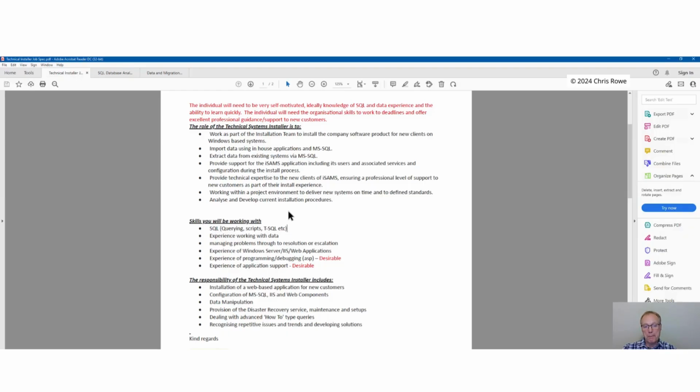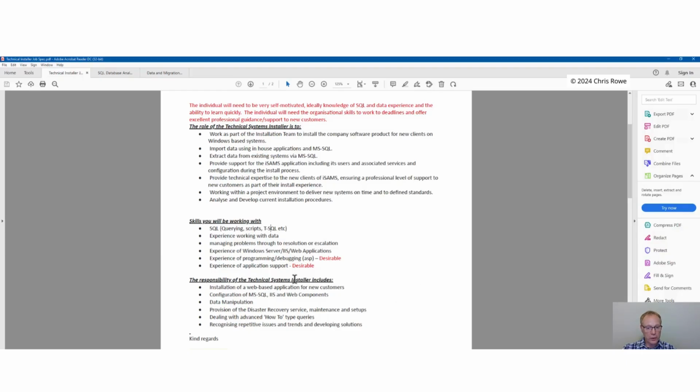SQL, minimal knowledge at best, pretty much non-existent, to be honest with you. But again, I was pretty much winging it with this one. No experience at any of these sort of things. However, it does say desirable, so that's a bonus, but it doesn't say you actually have to have those skills.